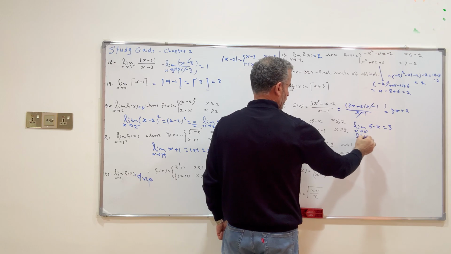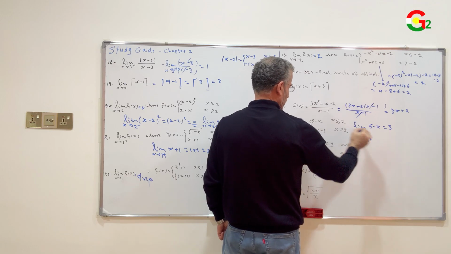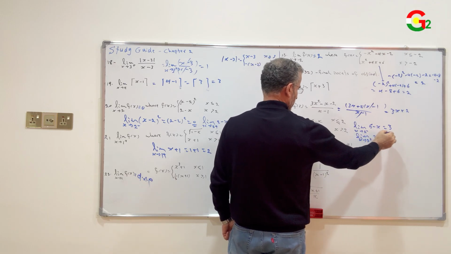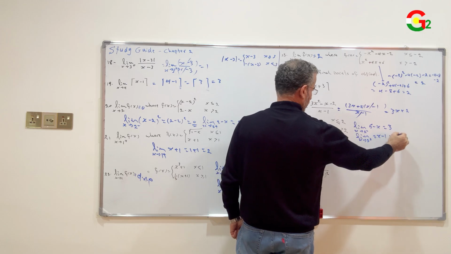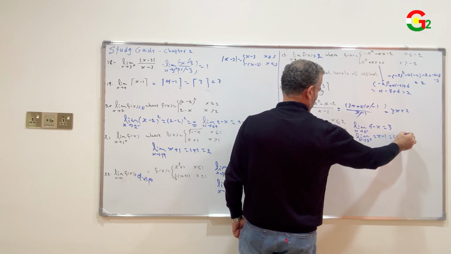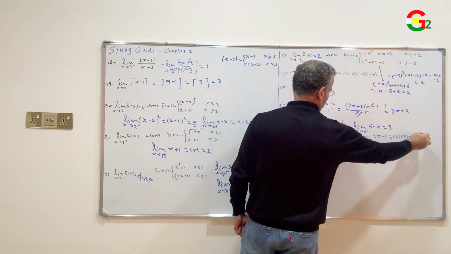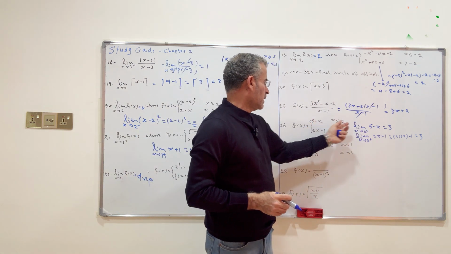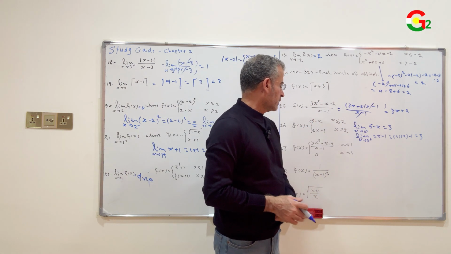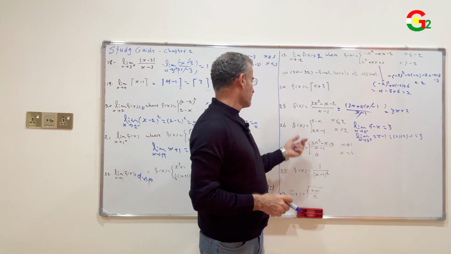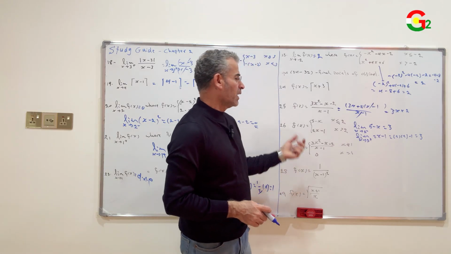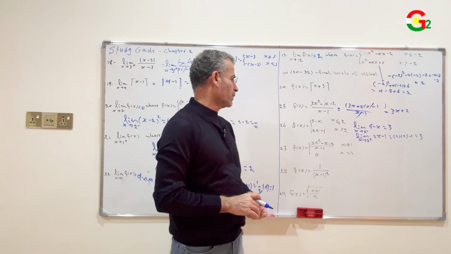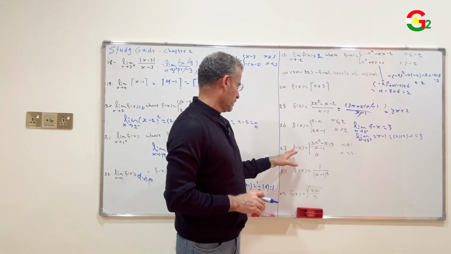Limit when x approaches 2 from right. Substitute in this segment: 2 times 2 minus 1, also 3. Since the limit from left and right is equal, therefore this function is continuous and has no point of discontinuity.